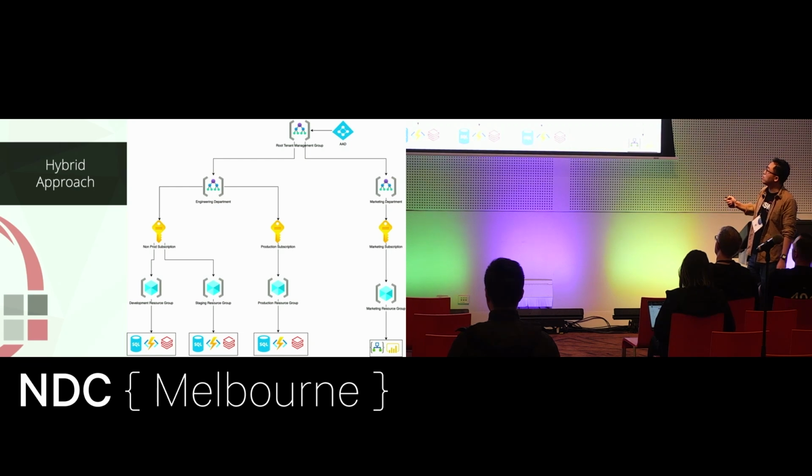But with the core engineering department, we need to have more resources and more hierarchies so that we can organize them separately. And most of the time, we want to separate production and non-production subscriptions because we want to monitor the cost generated by this bunch of resources, because they are running at a different scale as compared to a non-production environment.